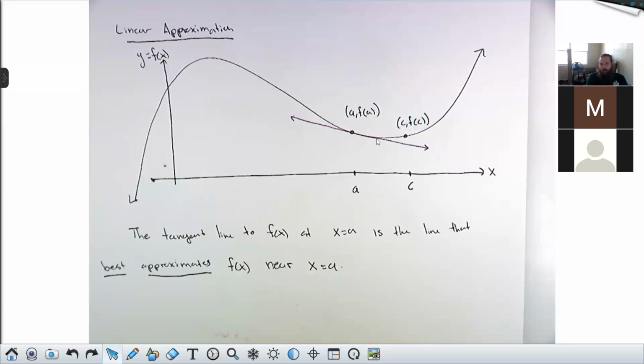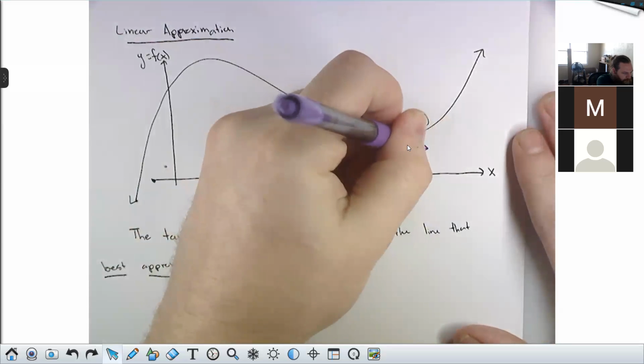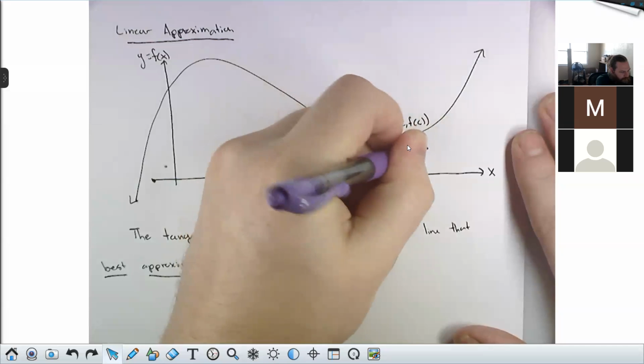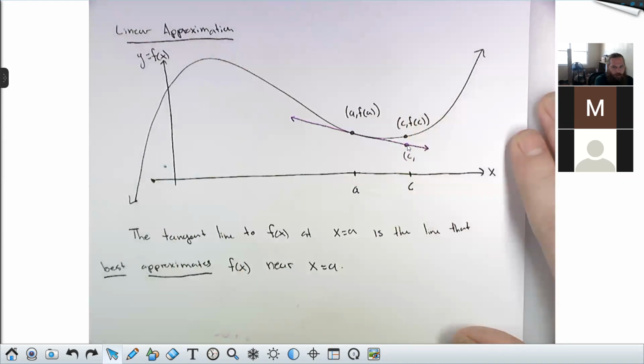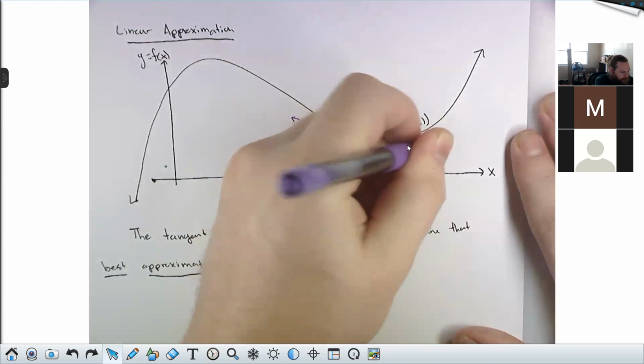The purple line is pretty close to the black graph, right? It's close enough that I might consider this an acceptable approximation here. So whatever this is, the x value here is definitely c. And I'm going to call the y value here L of c.